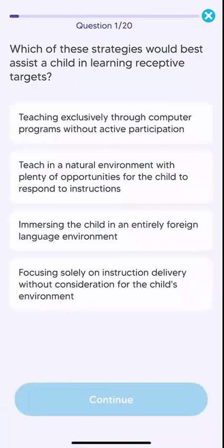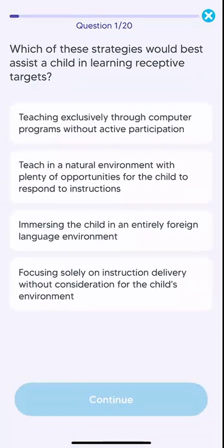Which of these strategies would best assist a child in learning receptive targets? Teaching exclusively through computer programs without active participation. Teach in a natural environment with plenty of opportunities for the child to respond to instruction.